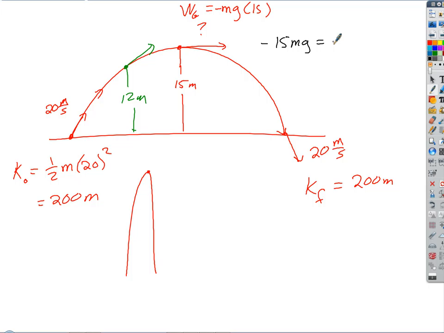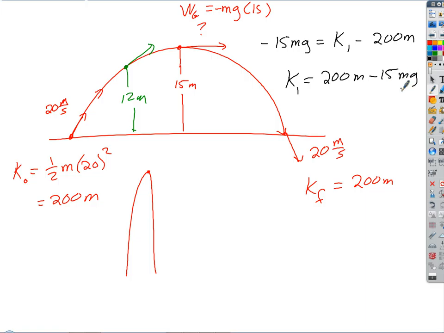Not 0. So call it K1, that's going to be our kinetic energy right there, minus 200 m. So I should be able to solve for the kinetic energy there, right? Then that's going to give me K1, if I just add this to the other side, I get 200 m minus 15 mg.